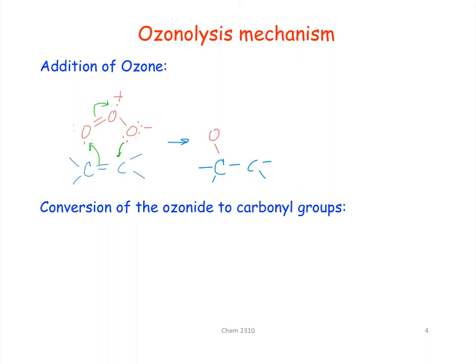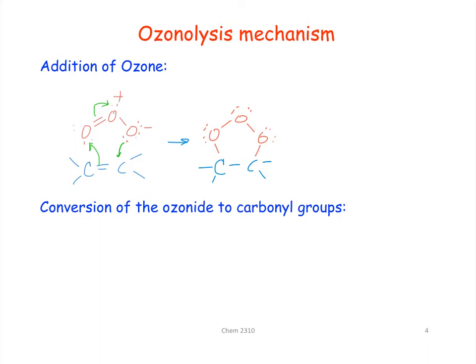We formed a bond to this oxygen. This one has a single bond here. This one still has a single bond. Each of these oxygens have two pairs of non-bonding electrons now. And so everything is neutral.